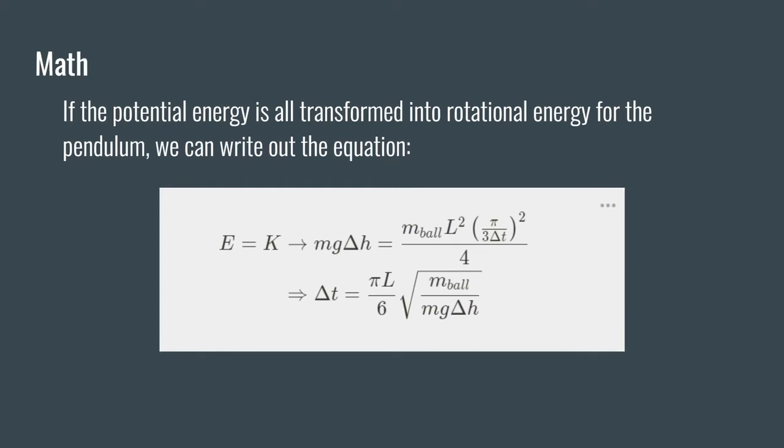If we don't take energy loss into consideration, that is, the potential energy is all transformed into rotational energy for the pendulum, we can write the equation E equals K, which means mg delta h equals m_ball L squared times the square of the angular velocity divided by 4.